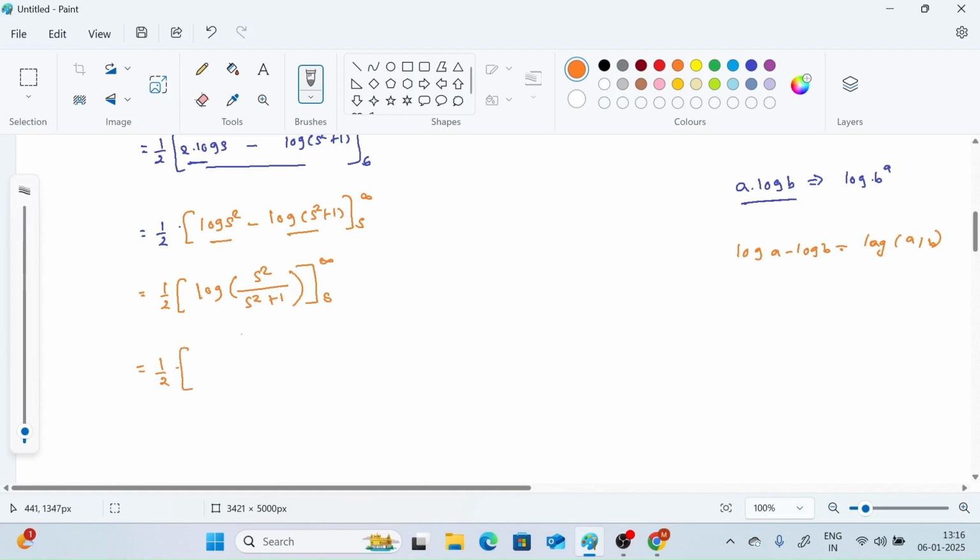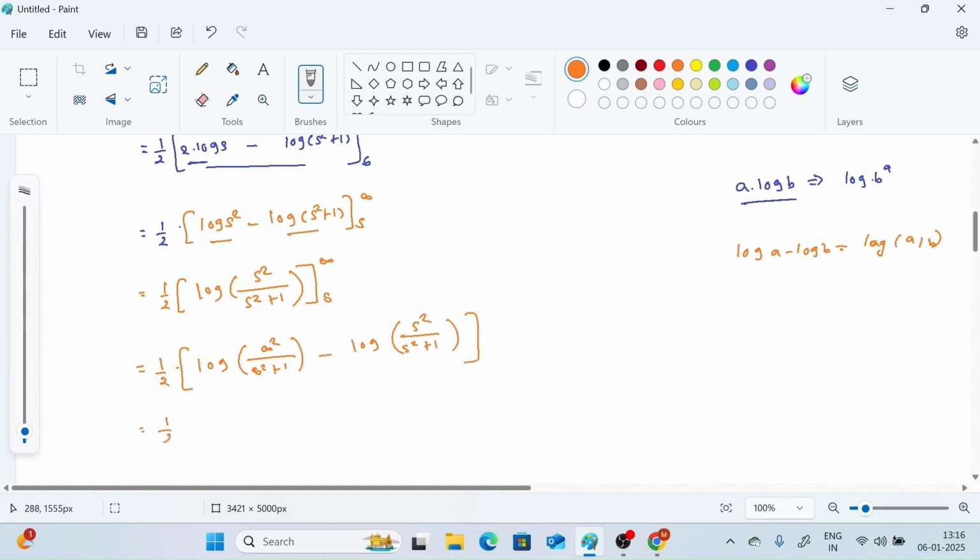Now I'm going to put the upper limit and lower limit. Log of infinity square upon infinity square plus 1, minus the lower limit term, which stays as it is.